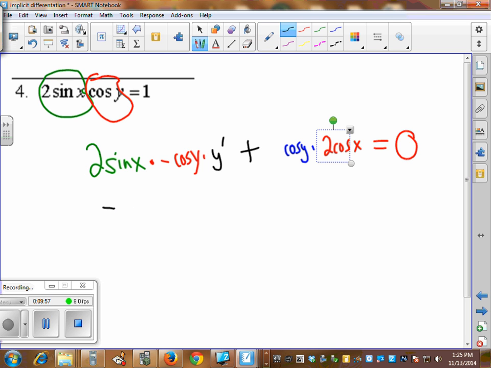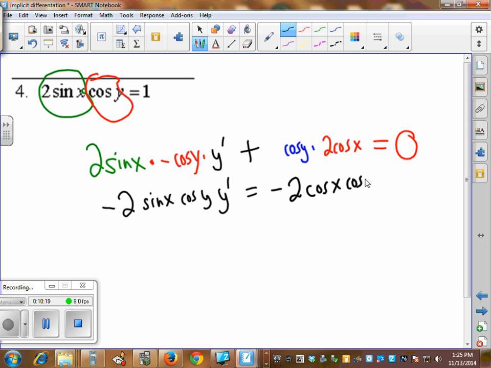We can rewrite that as negative 2 sine x cosine y y'. This we can move all over to the other side. And if we subtract this from this side and move it over there, that'll give you negative 2 cosine x cosine y.